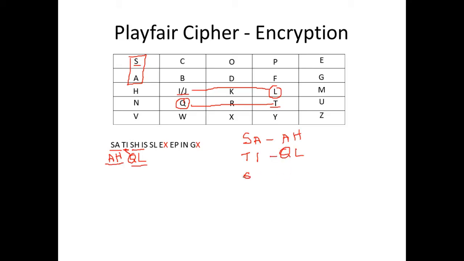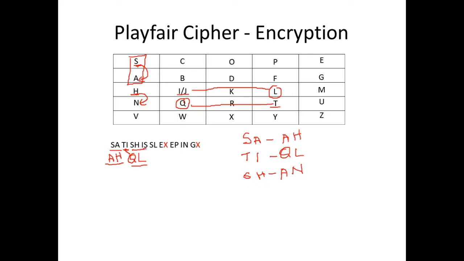Now we'll take SH. Where is S? S is here, and H. Again, both these characters S and H are in the same column. So what is the rule? You go beneath and find the character under S. It is A. So for S, we substitute A. And for H, what is the character beneath H? It is N. So SH is encoded as AN.